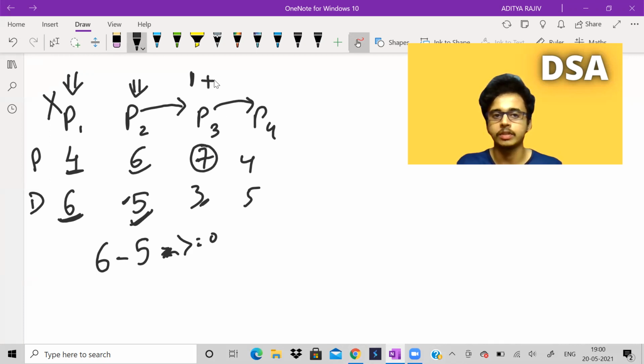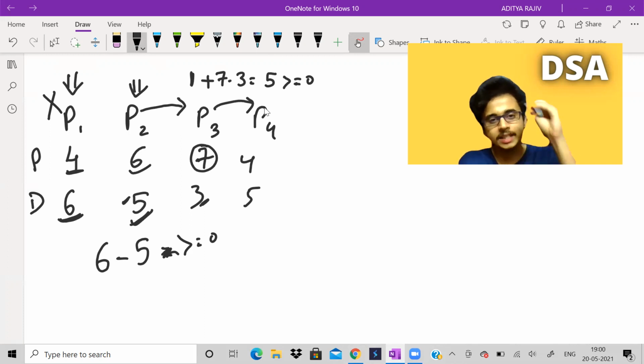So of course we will do 7 minus 3, which is equal to 5, which is greater than or equal to 0. Why equal to 0 here? Equal to 0 means you have just reached the petrol pump, so that is also possible. So definitely we can go to petrol pump 4.